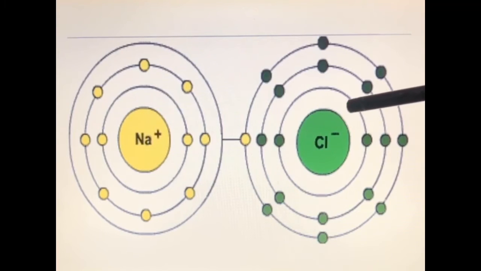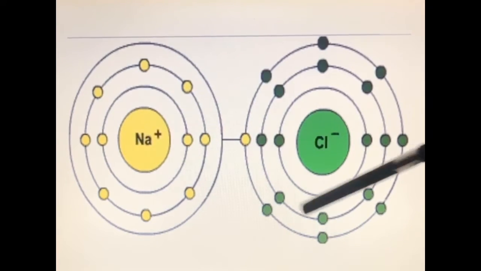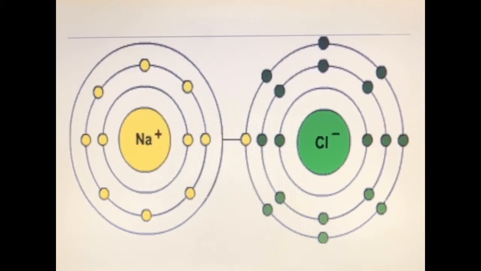It requires 1 electron, so it gains 1 electron and converts into an anion to get stability. Metallic and non-metallic elements both have the tendency to attain inert gas configuration to get stability.